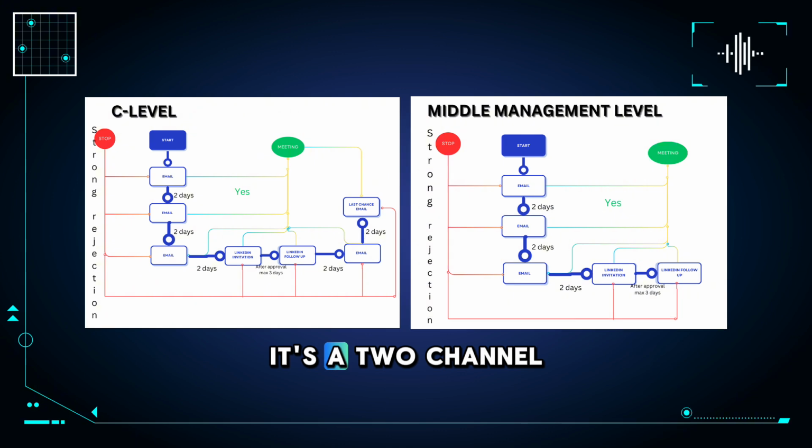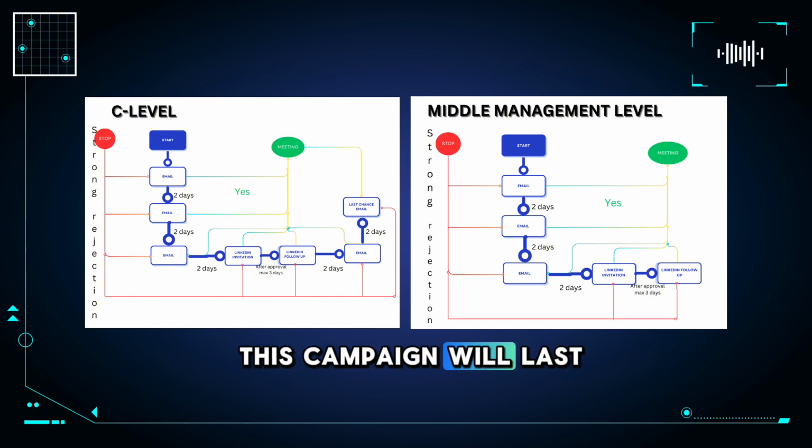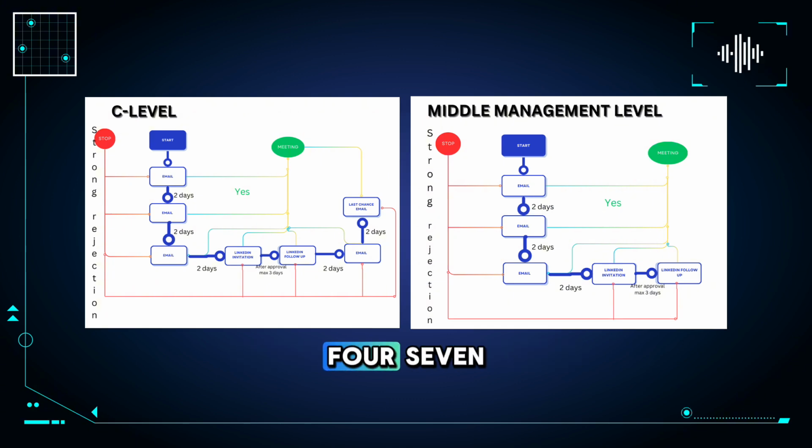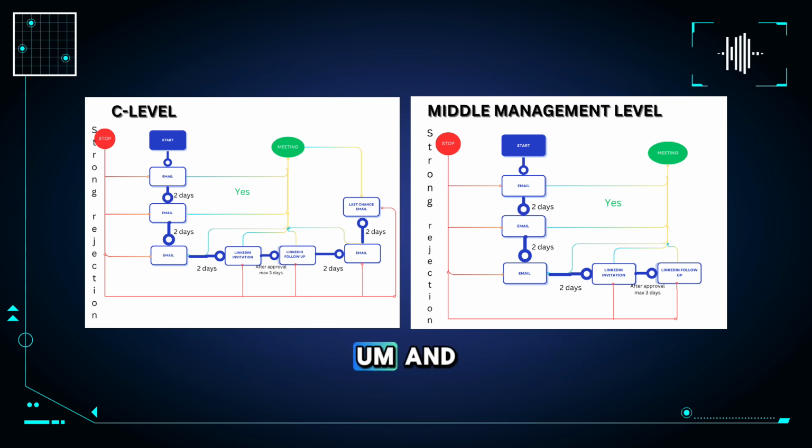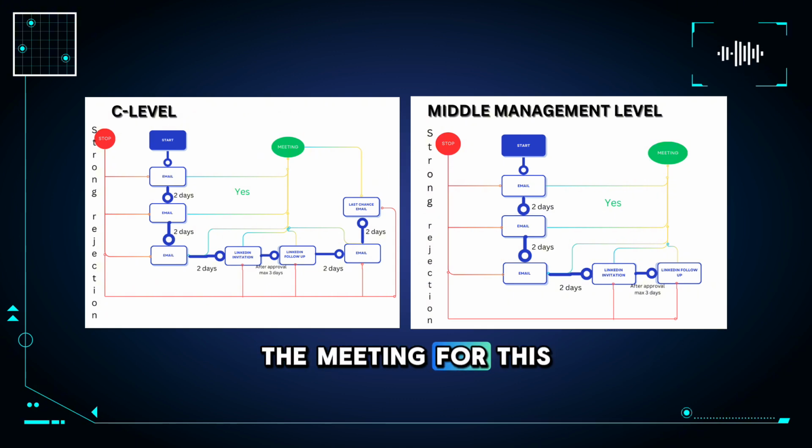It's a 2-channel campaign. What does that mean, 2-channel? I am using LinkedIn and email for this campaign. And one more thing you can see, this campaign will last around 2 weeks. And you can also see that our goal is to set up a meeting for this campaign.